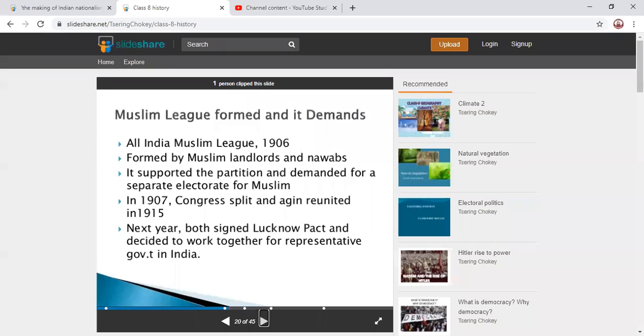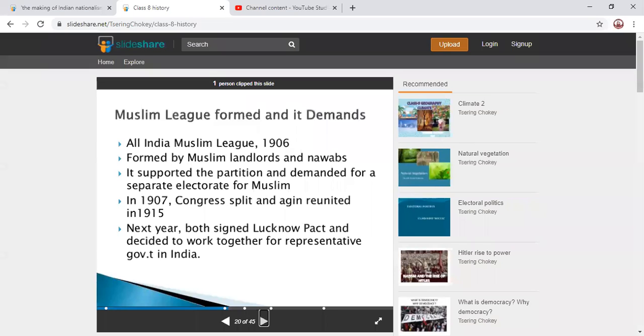Presently it is known as Dhaka in Bangladesh, but at that time, it was a part of India. The Nawab of Dhaka formed the All India Muslim League at Dhaka in 1906.